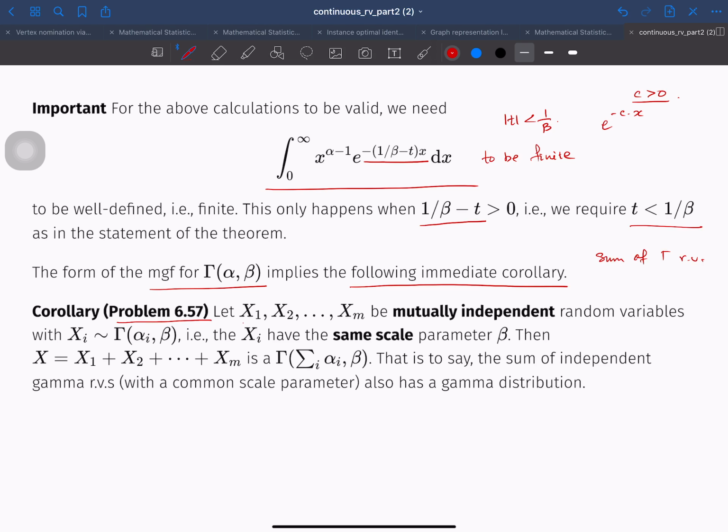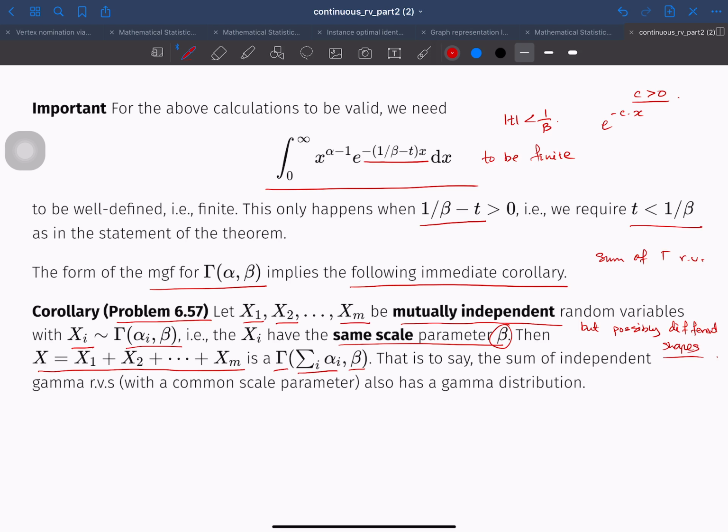But roughly speaking, if X1, X2, up to Xm are mutually independent random variables, and each of the Xi is a gamma random variable with the same scale parameter but possibly different shape, then the sum is once again a gamma random variable where the shape is the sum of the shapes with the same scale.